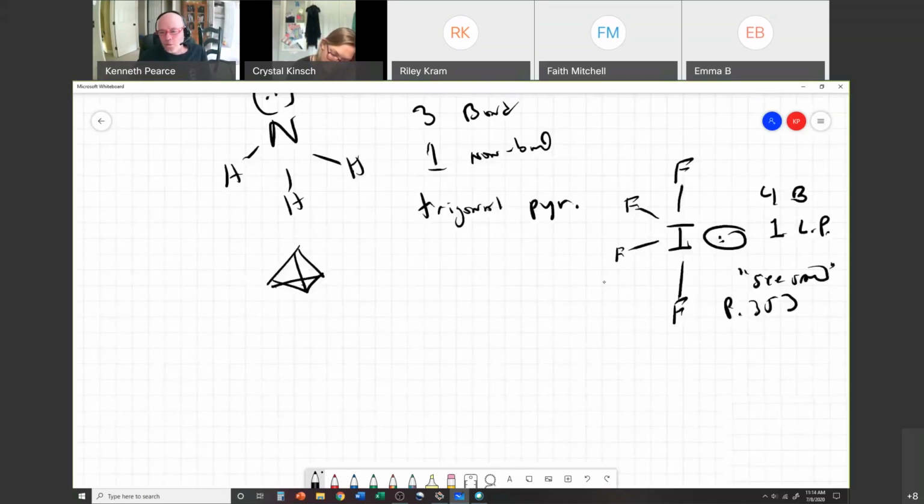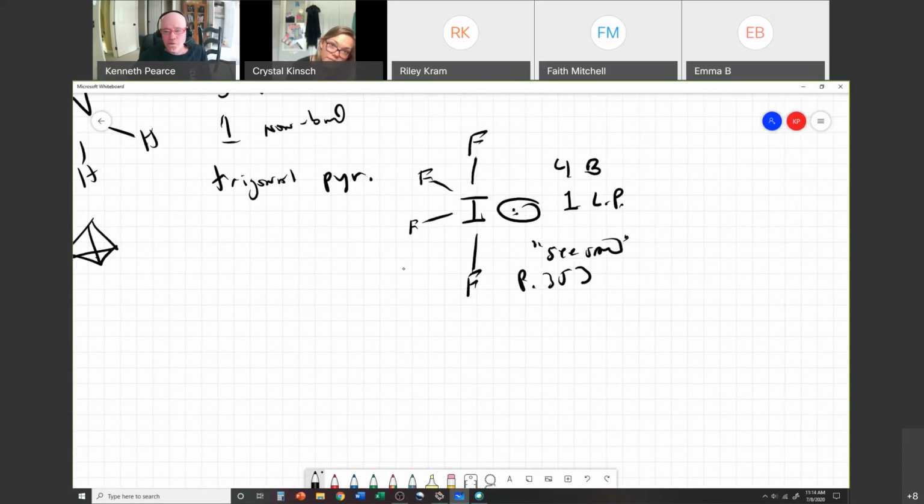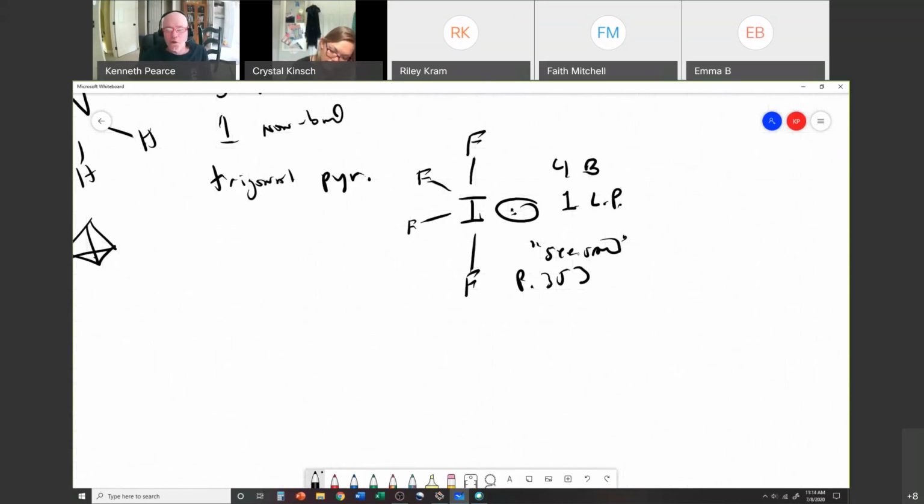Now, how does this look like a seesaw? You may say to yourself, I don't see that. Here's how you look at these things. This right here is equatorial, and going up and down is axial. The way you have to look at these is to lay this guy on its side, flip it over.